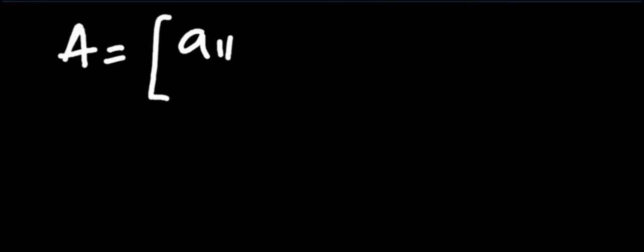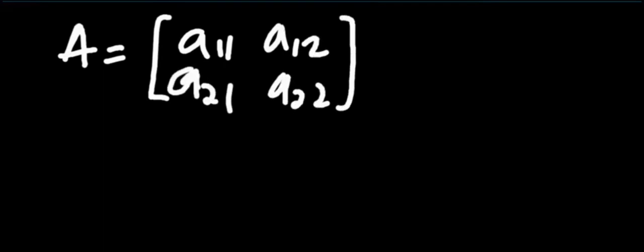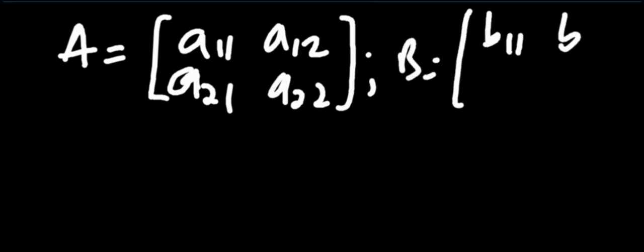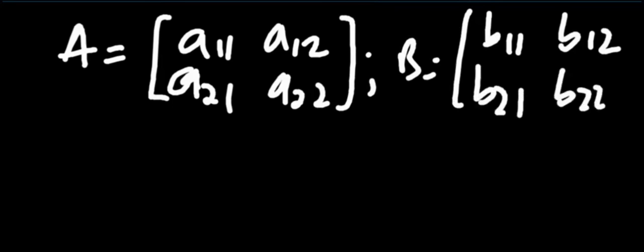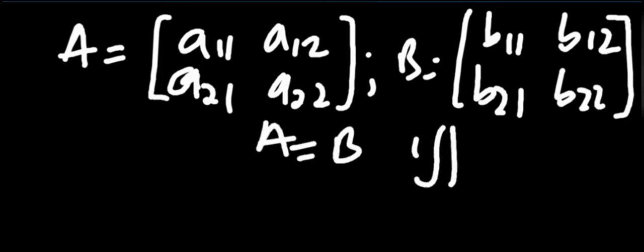If two matrices, say A is equal to A11, A12, A21, A22, and I have B equal to B11, B12, B21, B22, A is equal to B if and only if, this is how we represent if and only if in math, they have equal corresponding elements.